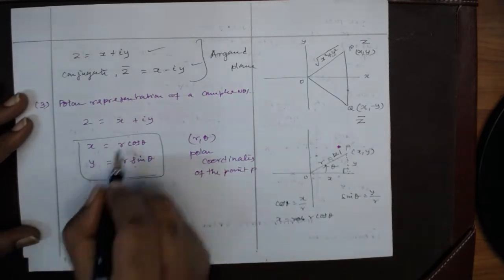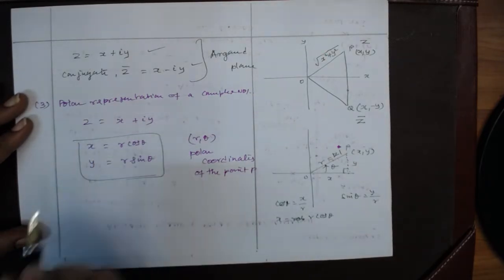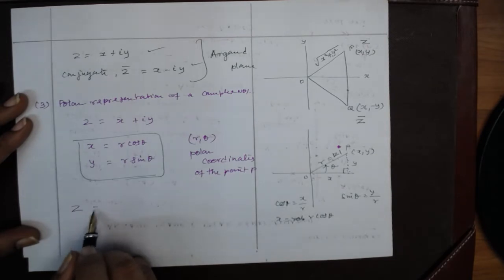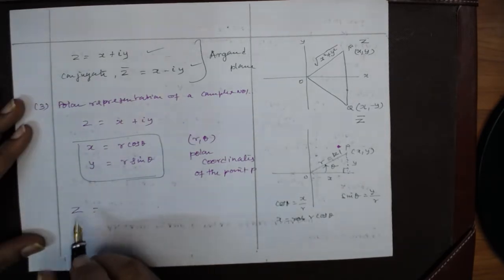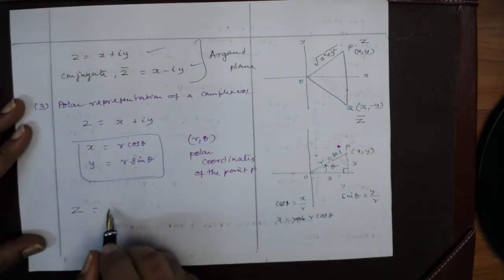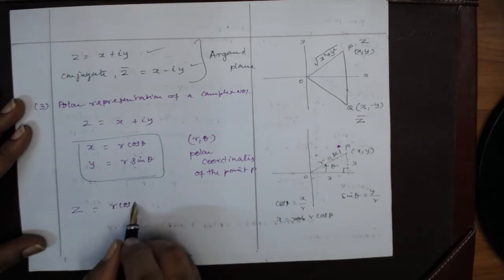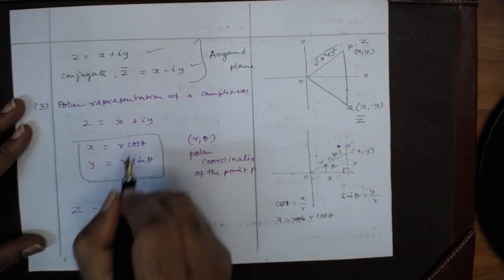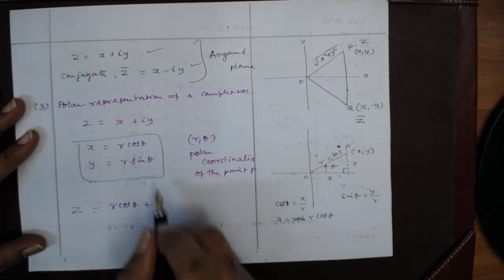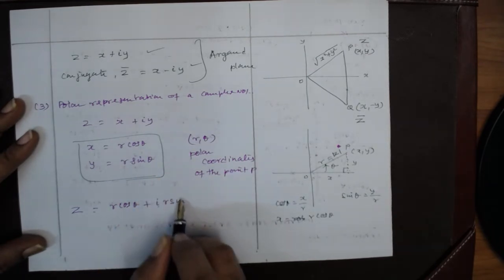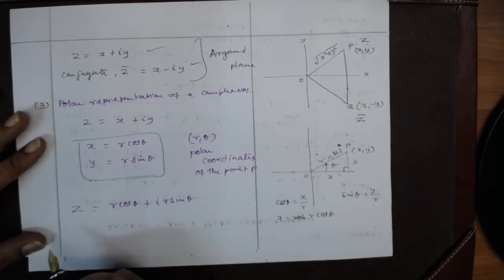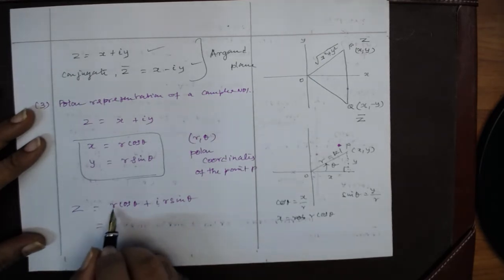Therefore, now we can substitute the values of x and y in this complex number. So z can be represented in terms of polar coordinates. Instead of x, you can put r cos theta, plus instead of y, you put i into r sin theta. Got it? And which is common here? r is common.